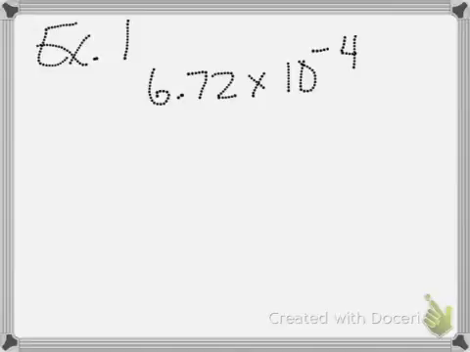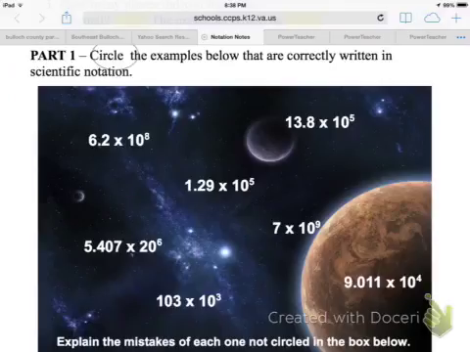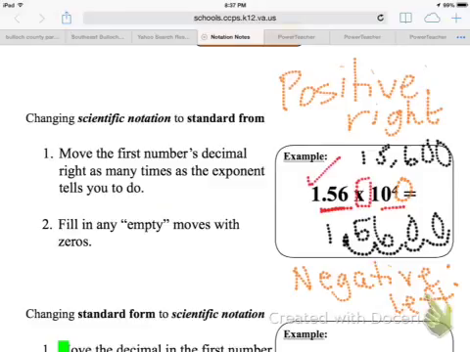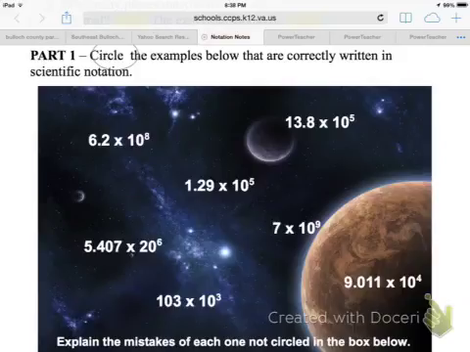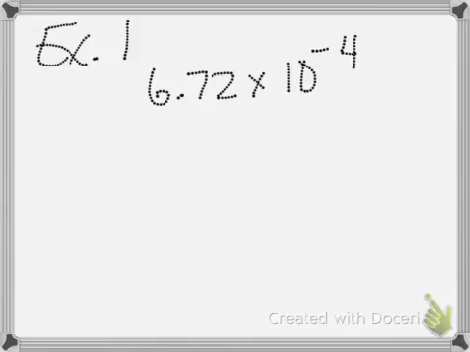Now, if you recall, going back to our organizer, if your exponent's negative, we're going to move towards the left. So let's go back to the example. My exponent's negative, so I know I'm going towards the left. I'm going to write the decimal number. Now, I'm going to find my exponent.